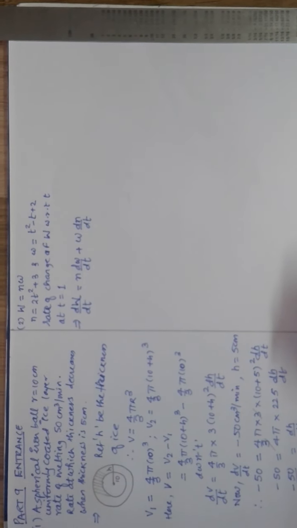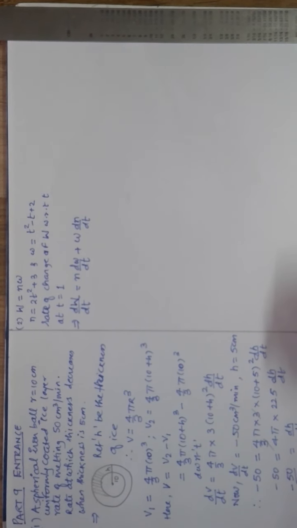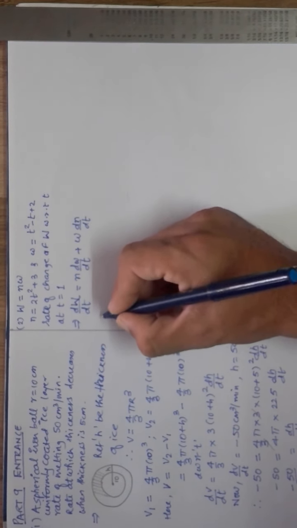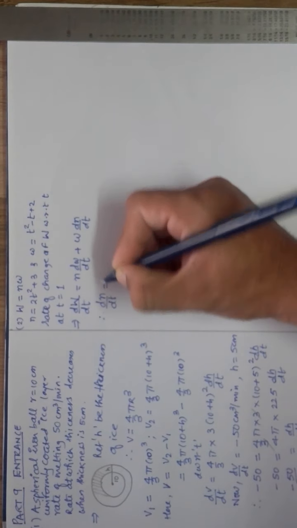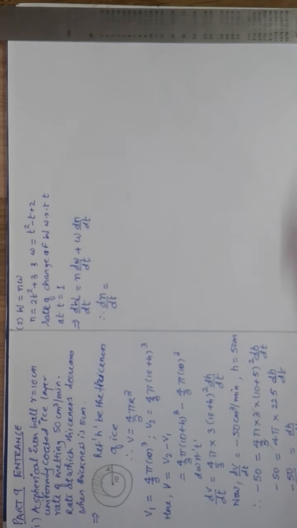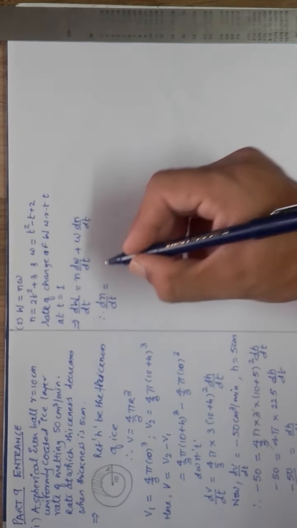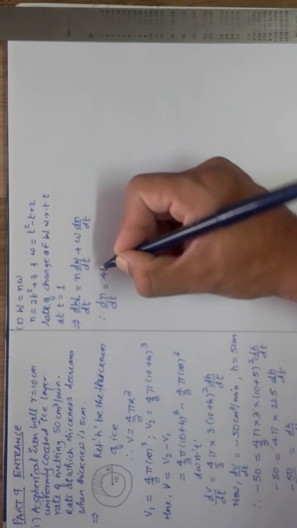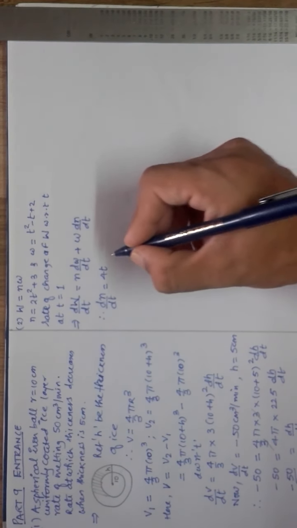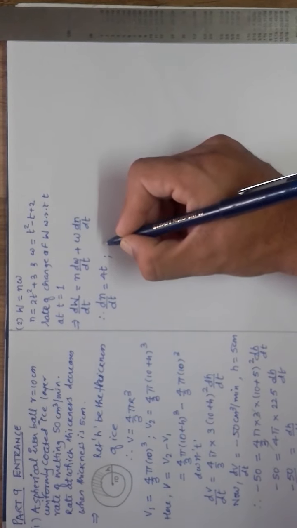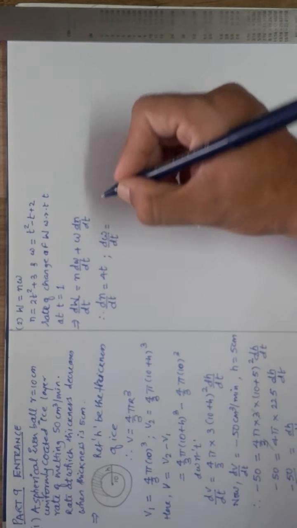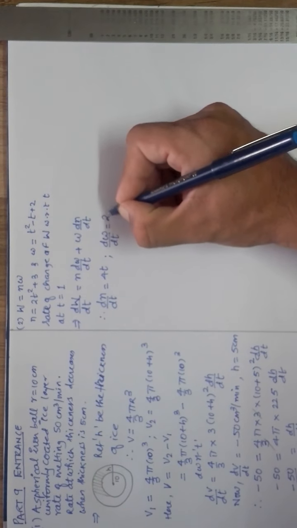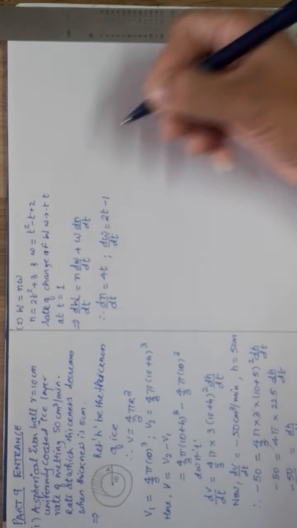So obviously I need to find dw/dt and dN/dt. Therefore dN/dt, over here you can see it is 2t square plus 3. 2t square becomes 4t, plus 3 is constant, becomes 0, and dw/dt will be equal to t square becomes 2t and minus t becomes 1.